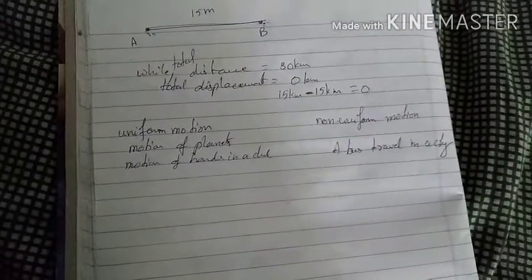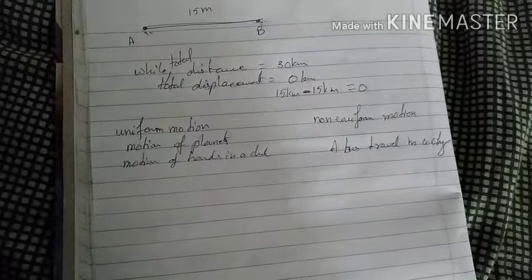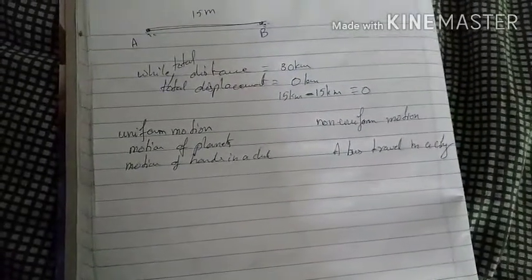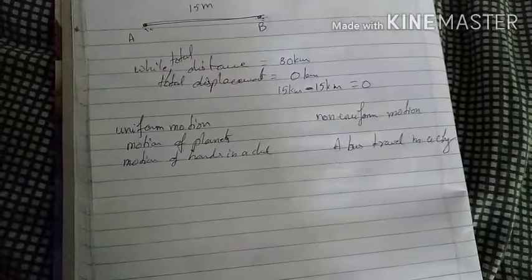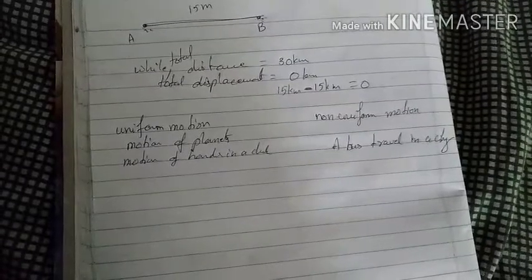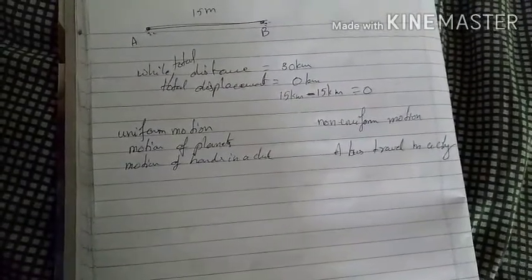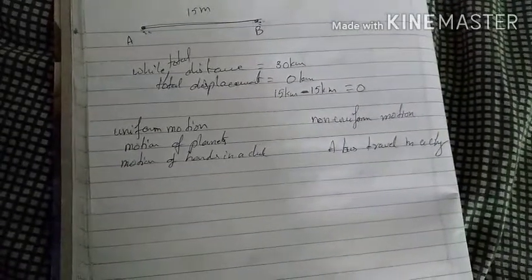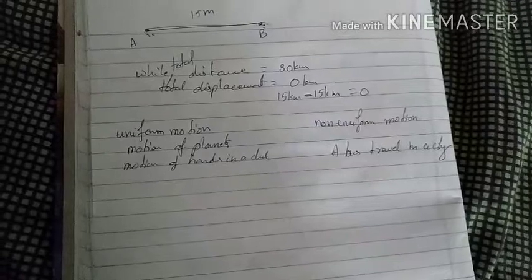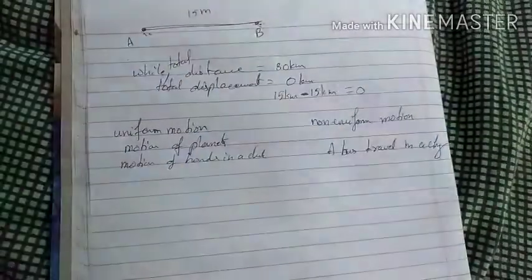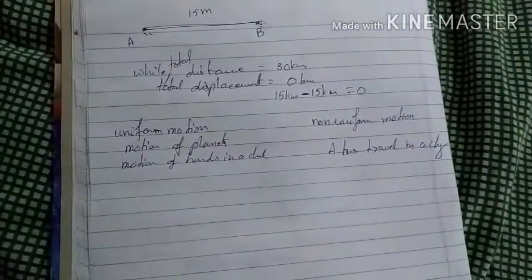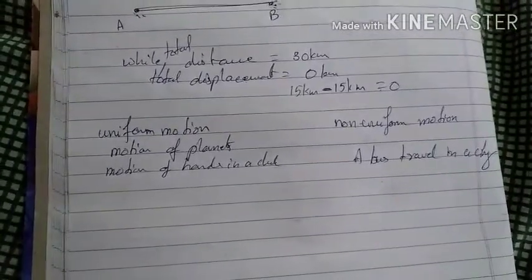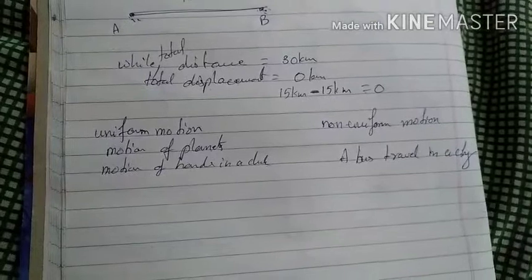The speed at which it travels, the distance it covers with respect to time, is not constant, because that depends upon traffic conditions. Wherever the traffic is more, it covers less distance with time. If the traffic is clear, it travels more distance with respect to time. So that is a non-uniform motion.